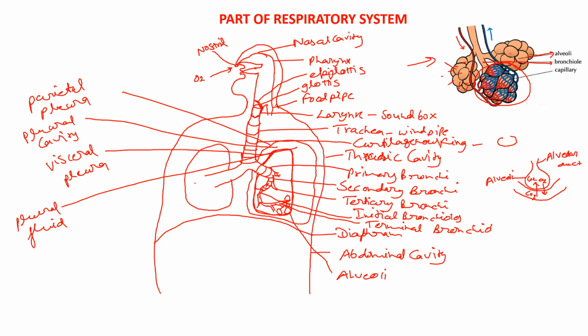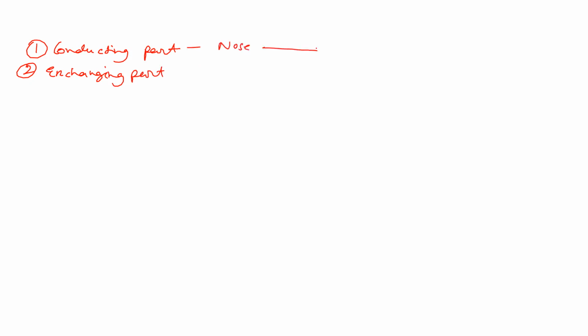Okay. Now let's discuss the respiratory system parts. So the human respiratory system has two parts. First is the conducting part and the next is the exchange part. Okay. So the conducting part starts from the nose to the alveoli, where it conducts oxygen from the nose to the alveoli.